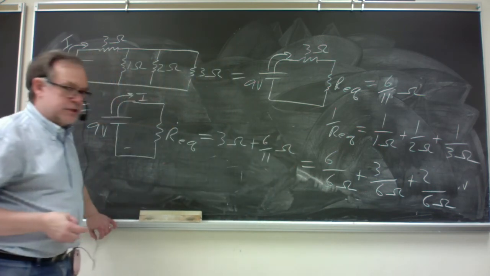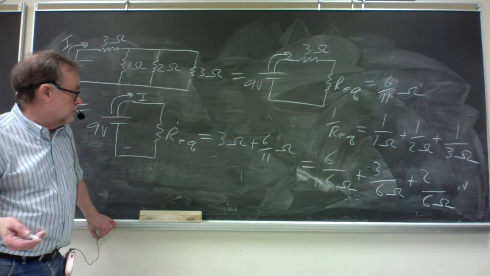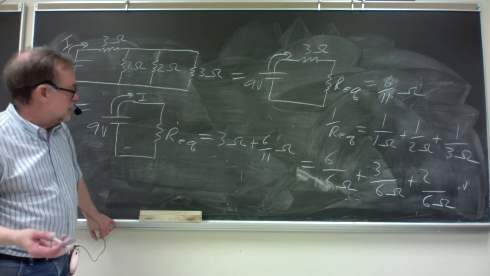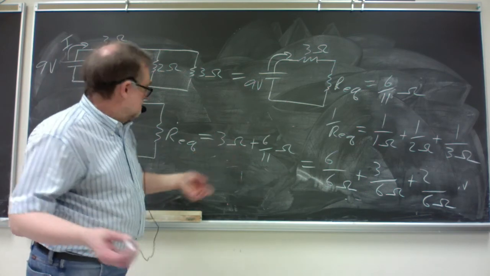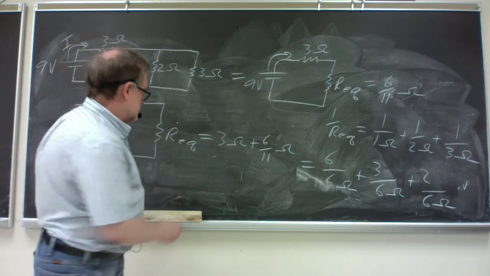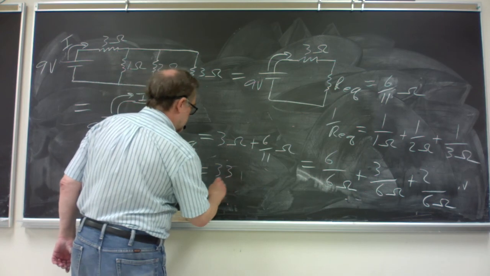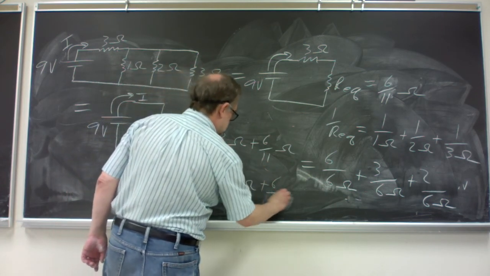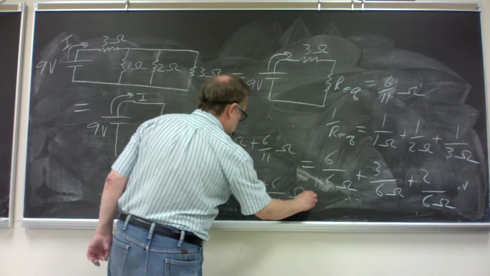And if you want to add them together to get just one rational number, adding two fractions, so you've got to have a common denominator, which is going to be 11. So this is the same as 33/11 ohms plus 6/11 ohms.